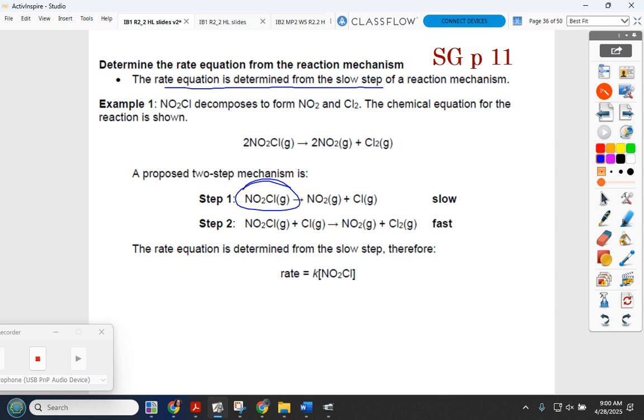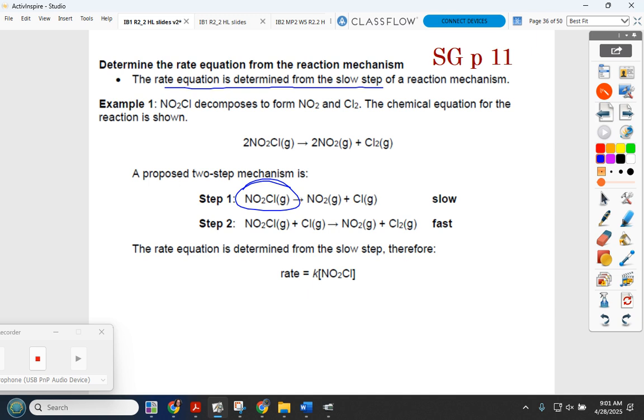Even though if this was an elementary reaction we would say it would be the concentration of NO2Cl squared, because we only have one of them in our slow step, it's just going to be the NO2Cl concentration figuring into our rate equation.